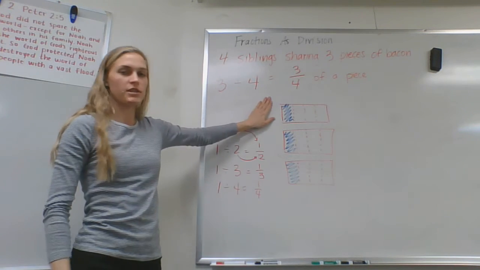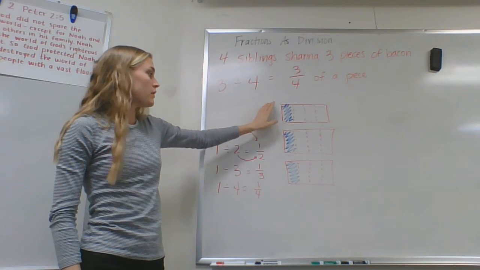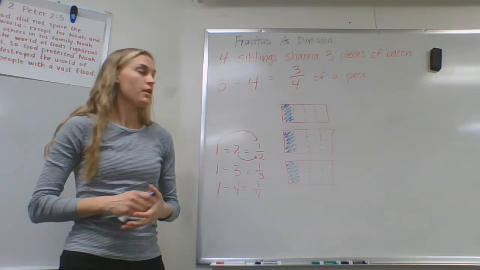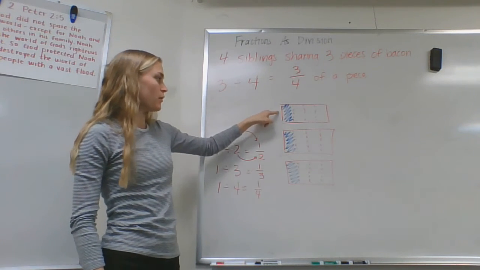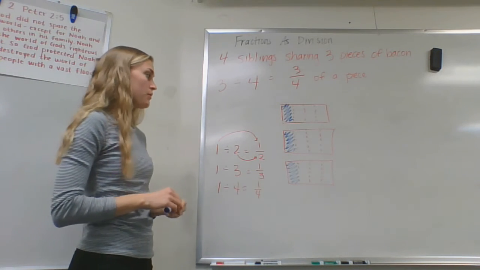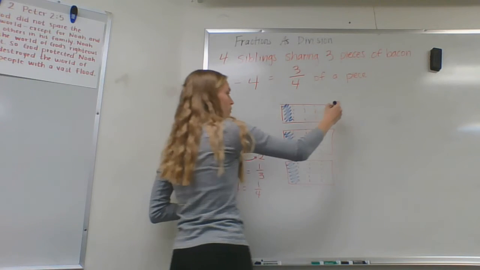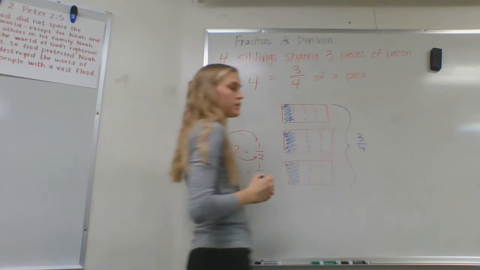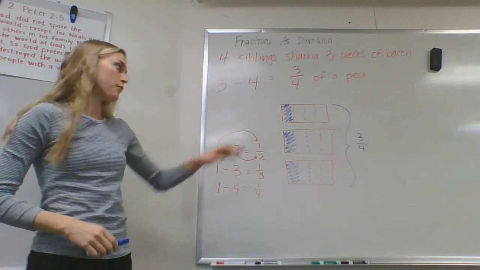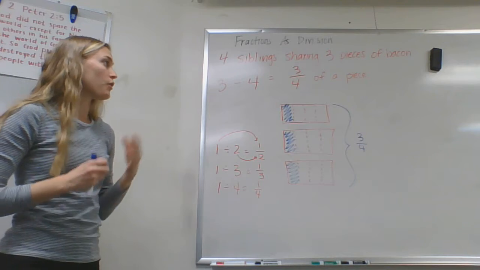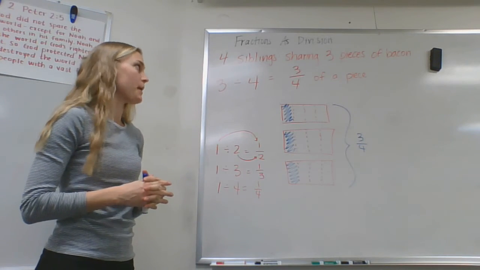So they get 1/4 of this piece of bacon, 1/4 of this piece of bacon, and 1/4 of this piece of bacon, which in total would be 1/4 and 1/4 and 1 more 1/4, which is 3/4. So each person is going to end up getting 3/4 of a piece. They get 1/4 of the first one, 1/4 of the second one, and 1/4 of the third one.